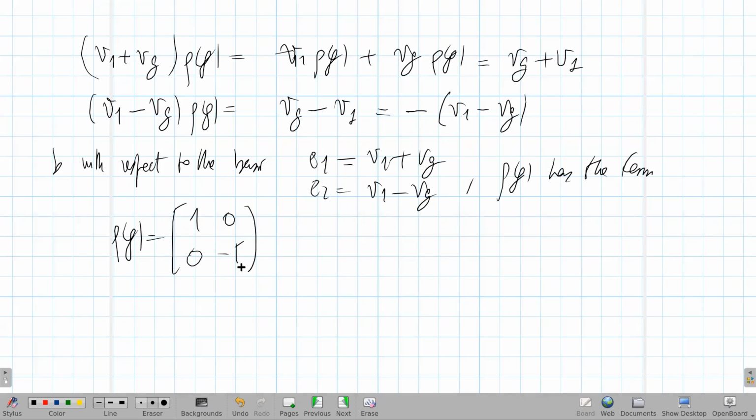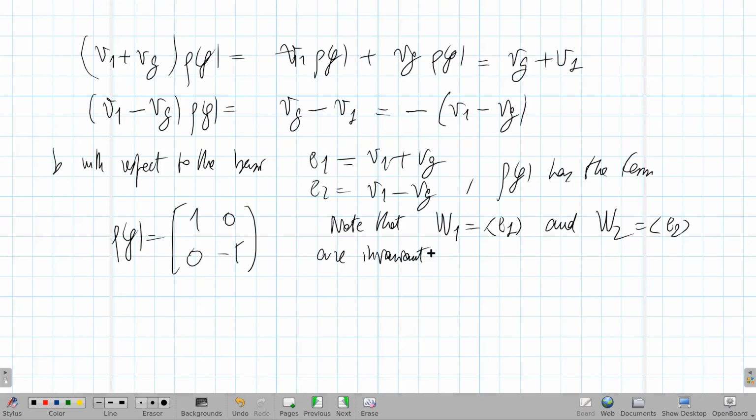And then you see what I was mentioning yesterday, that the subspaces W1 generated by E1 and W2 generated by E2 are invariant under rho of capital G. Meaning that for i equal to 1 and 2, if you apply all the elements of rho g to Wi, you obtain Wi.